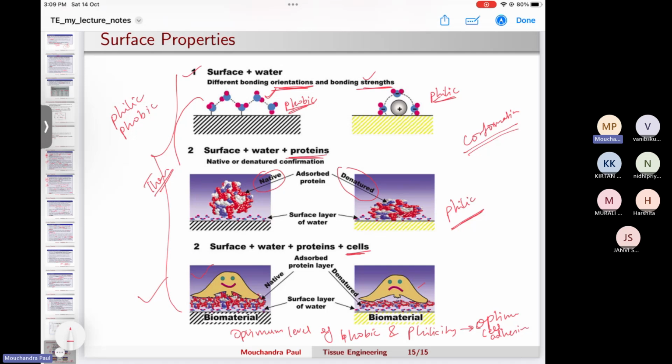Any other queries? So I hope you have understood how the cell adheres on the surface, how hydrophobicity and hydrophilicity affect that, and how protein adsorption completely changes the cell and material interaction when proteins are involved.